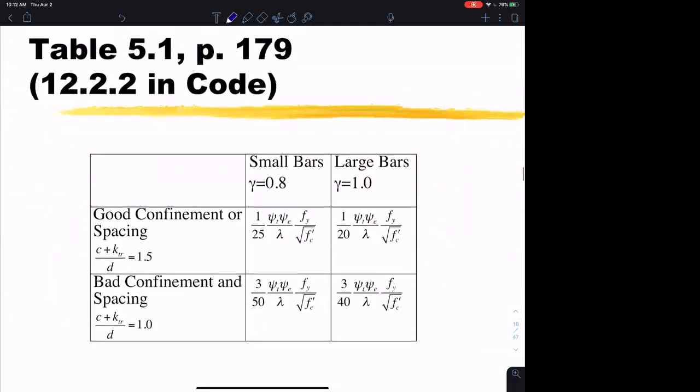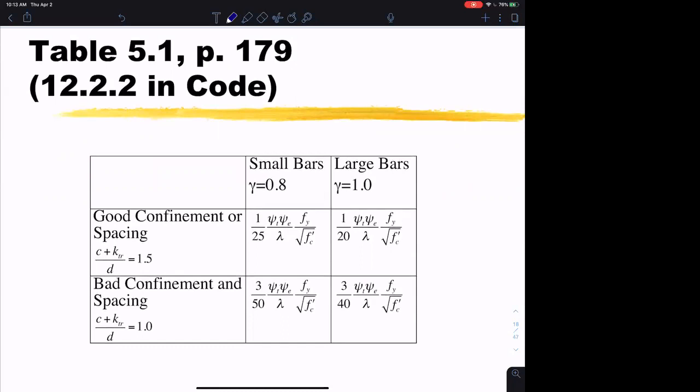Okay, so here's the table. What you need to know, you only have 4 choices. Are you good confinement and spacing or bad confinement and spacing? And are you small bars or large bars? And remember, the dividing line was number 6 and smaller, and number 7 or larger.